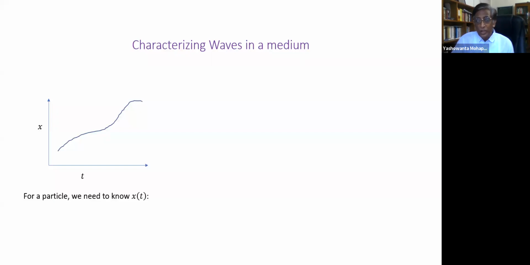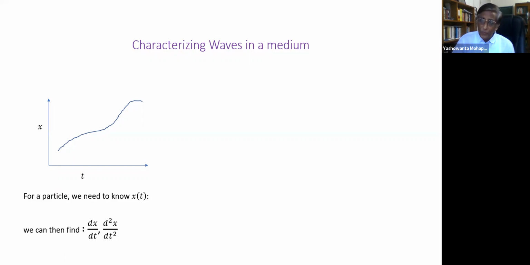So dx by dt is velocity, d square x by dt square is its acceleration, or if I am doing dynamics, then if I know the acceleration, I can find out the force, and from there I can find out the velocity and x. That is what we do for a particle.